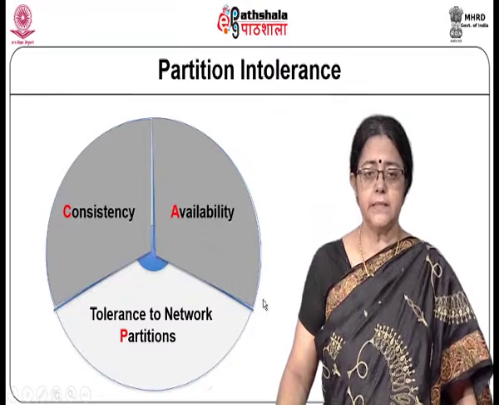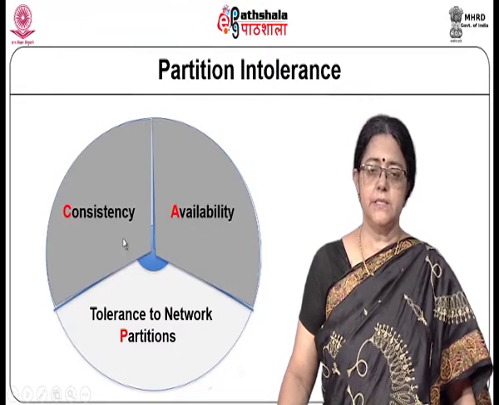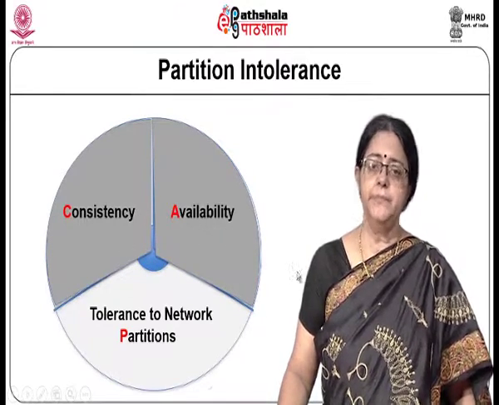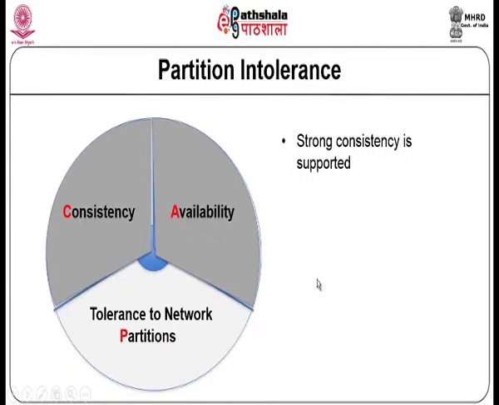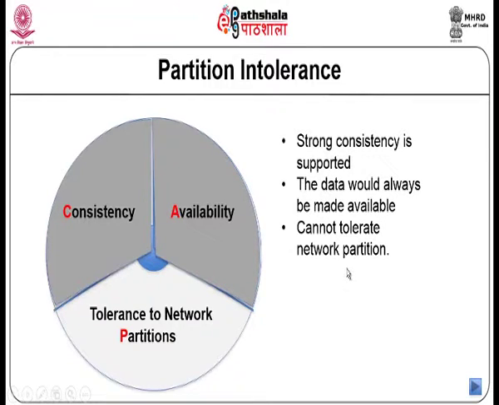So, here is the system which is consistent and available. We can offer strong consistency for such systems, which means that it is always consistent, irrespective of how many updates are happening. Data would always be available because it is C and A. So, availability is there, but no network partition.